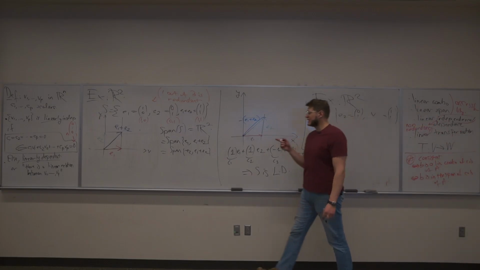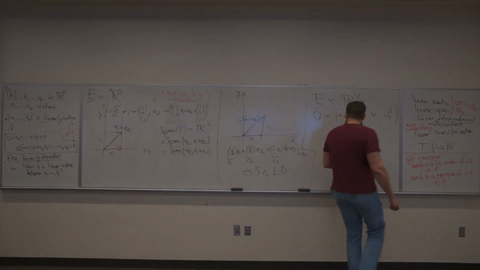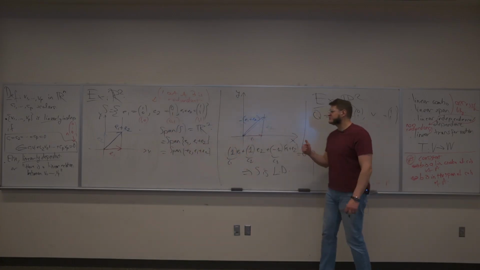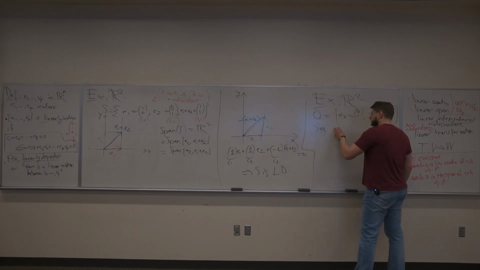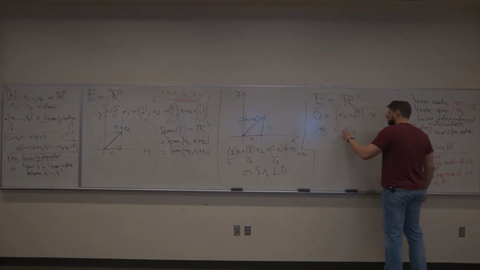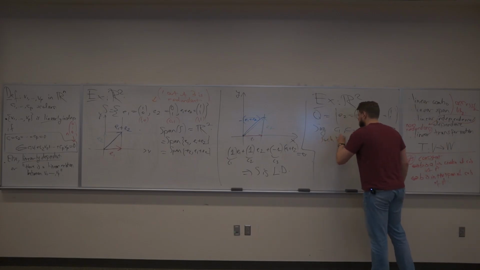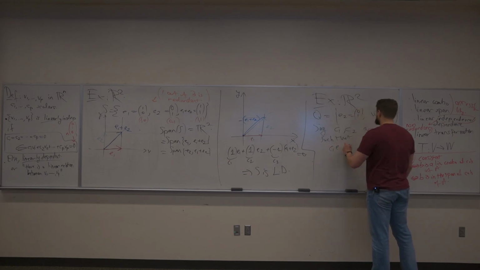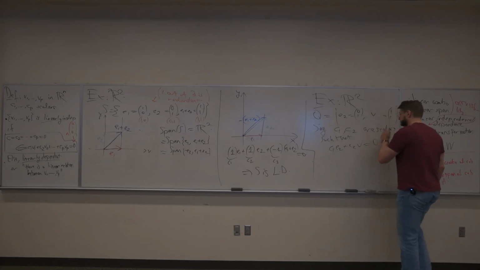It's harder to visualize linear independence this way, but the algebra still works. Say C1, C2 are scalars such that C1 E2 plus C2 V is 0.